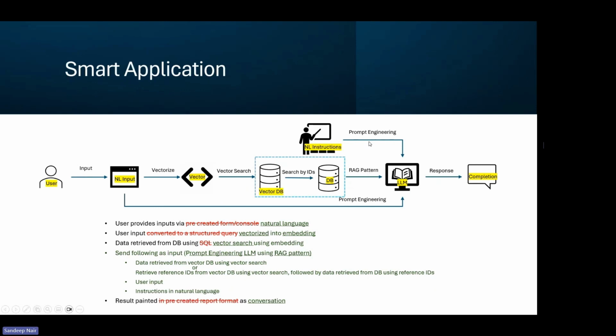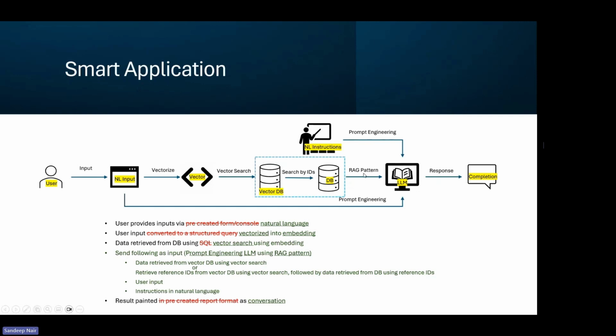Apart from the data, we also provide some prompts, which are nothing but instructions. These instructions tell the large language model how to use this data and how to use the user's input and process it. You may call this the business logic. This is the data and this is the query. So the query, the data, and the business logic go together. They are provided to the LLM. The LLM uses it and provides a response.